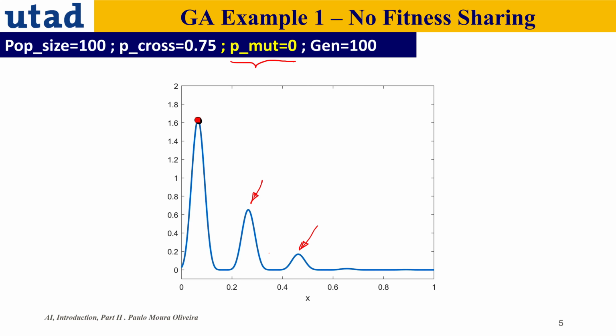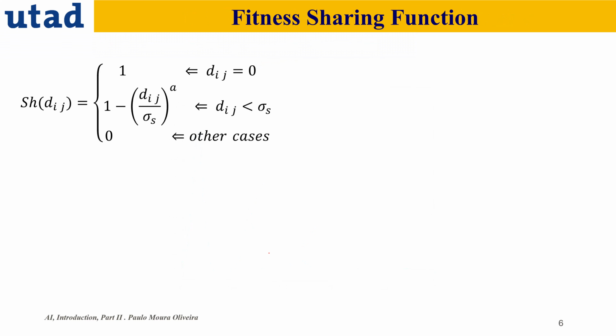And for that, they proposed a fitness sharing function, which is this one based on the distance. If the distance between two elements is 0, if they are in the same point, the maximum value of the sharing is given, which is 1.